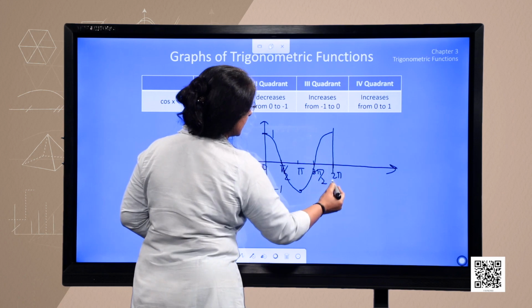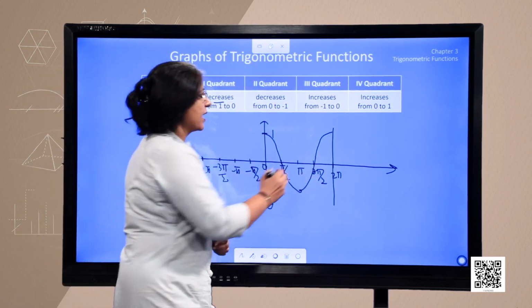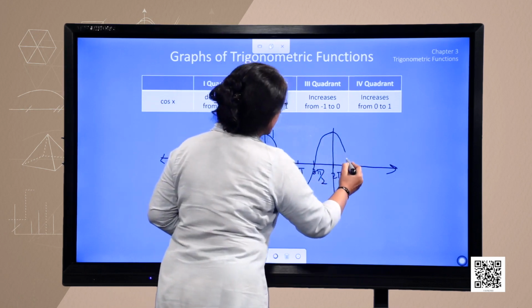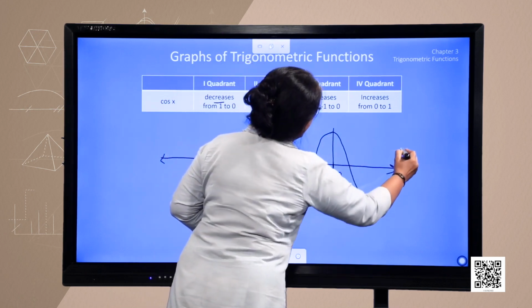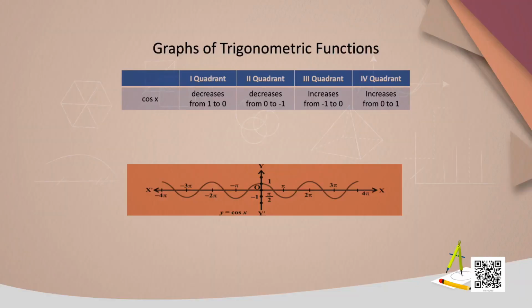This is the graph of cos function from 0 to 2 pi, and this will also keep on repeating like this in the positive direction, and in the negative direction also. As you can see, this is the graph of cos function.